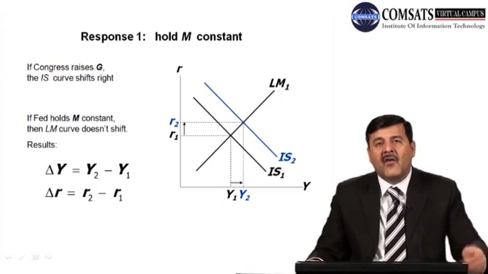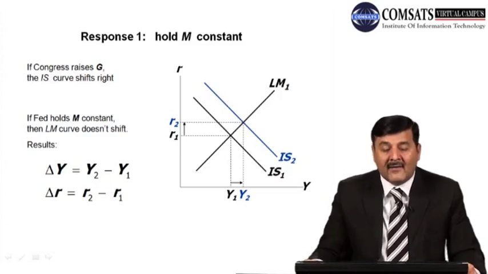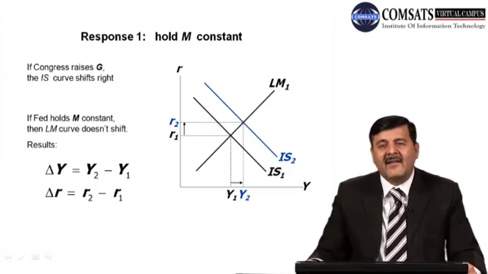Now suppose the government increased expenditure, the IS curve shifted rightward, and we are at a new equilibrium, R2 and Y2. Now if M is held constant, then the LM curve does not shift. So what will be the result? Delta Y is equal to Y2 minus Y1, and delta R would be equal to R2 minus R1.